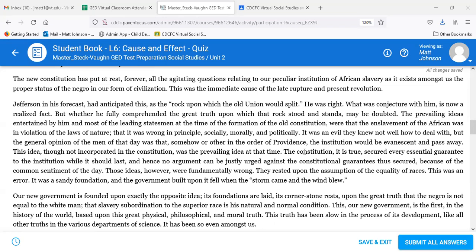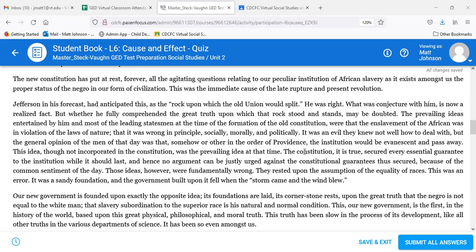Those ideas, however, were fundamentally wrong. They rested upon the assumption of the inequality of race. This was an error.